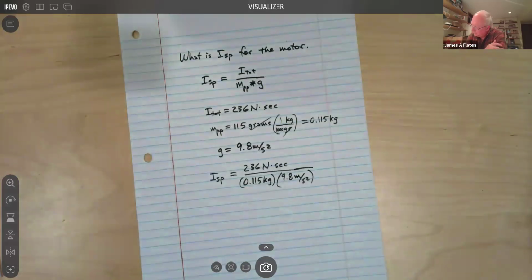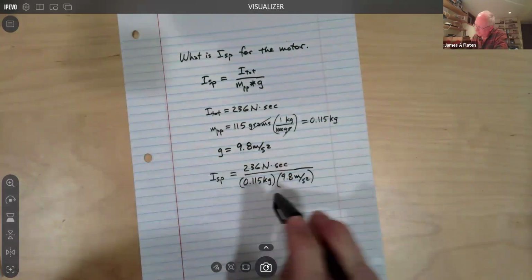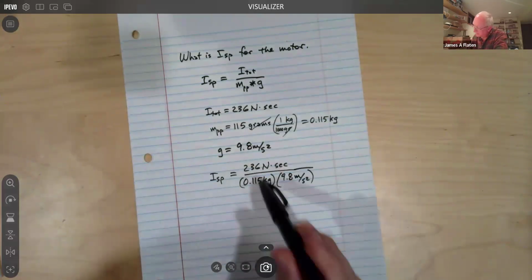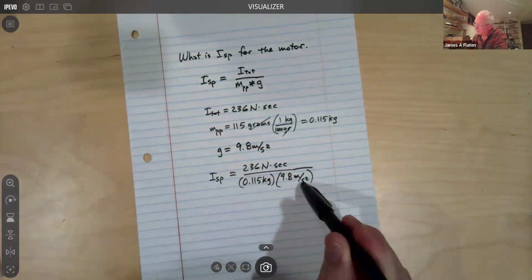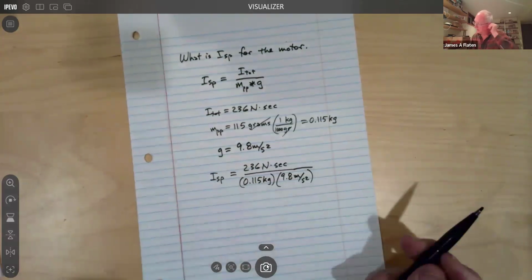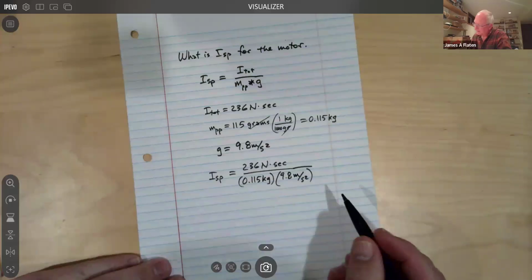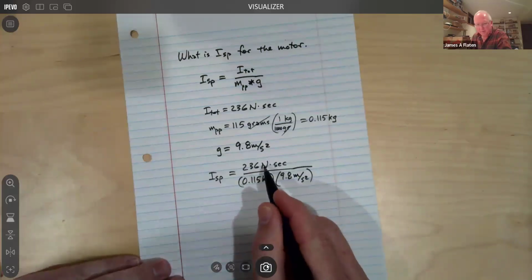Now I'm kind of stuck. The reason I'm stuck is because I don't see kilograms to cancel this kilograms. I don't see meters to cancel this meters. I see a seconds, but I have seconds squared here, and they're not even going to cancel very effectively. I'm stuck because I need to know what newtons are.